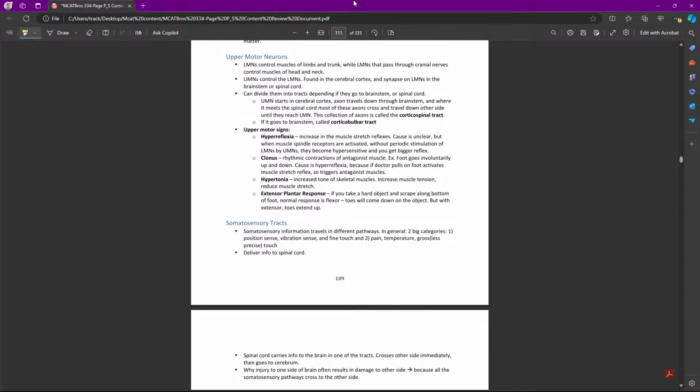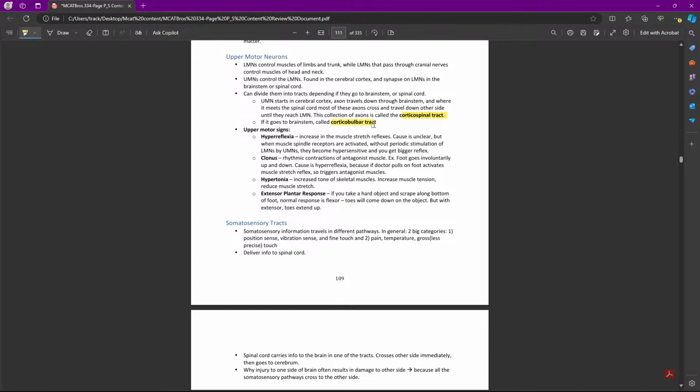We can divide them into tracts depending on whether they go to the brainstem or spinal cord. Upper motor neurons start in the cerebral cortex, and axons travel down the brainstem to where it meets the spinal cord. Most of the axons cross and travel down the other side until they reach the LMN. This collection of axons is called the corticospinal tract. If it goes into the brainstem, it's called the corticobulbar tract.